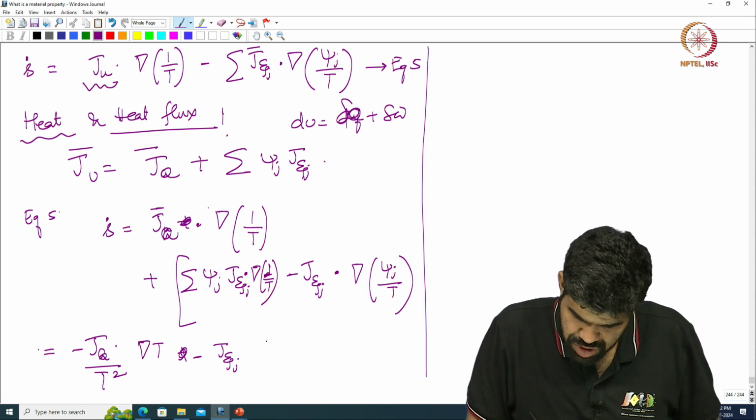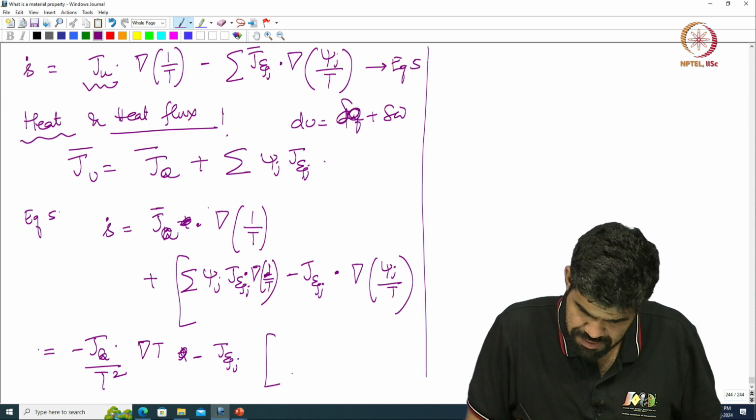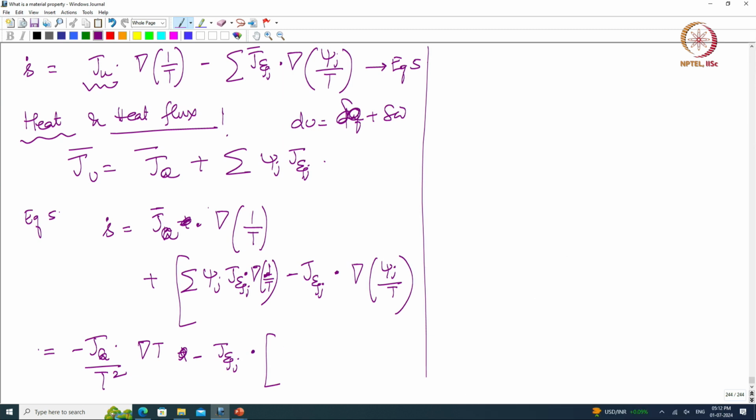Then if I put a minus outside, what I have is dotted with the gradient of psi j by T minus the gradient of minus psi j dotted with the gradient of 1 by T, sorry, psi j gradient of 1 by T, right. So there is no dot product here, everything is a scalar, right, except when I do the gradient I get a vector.